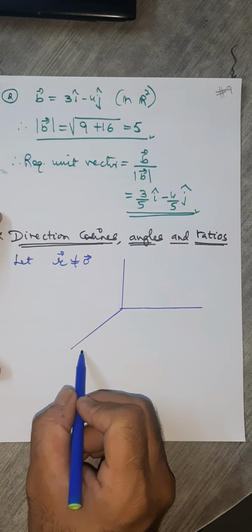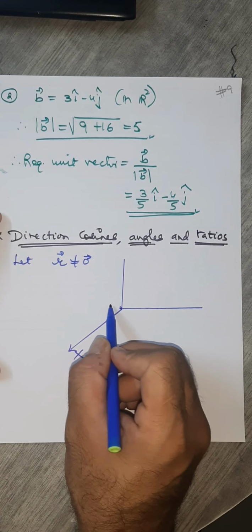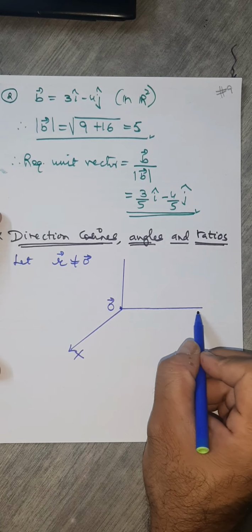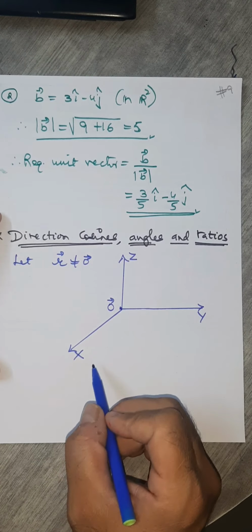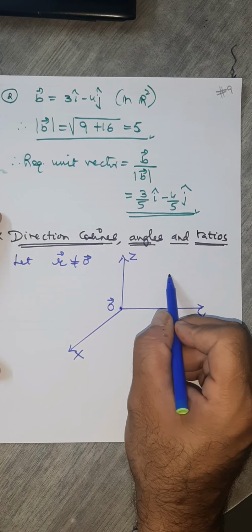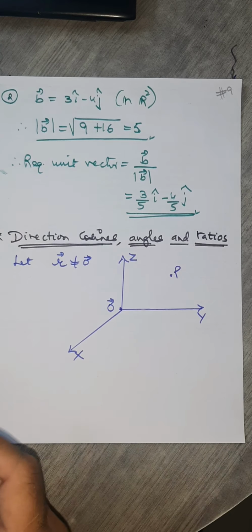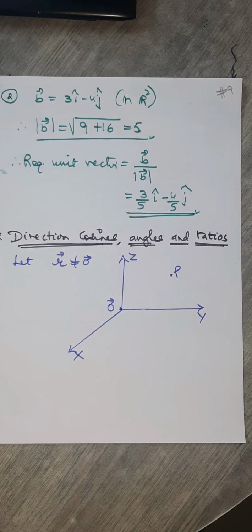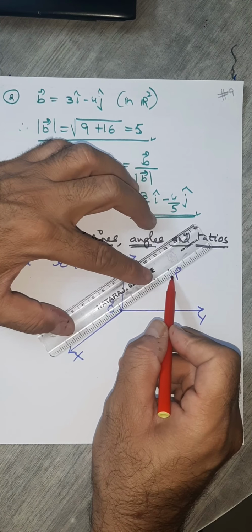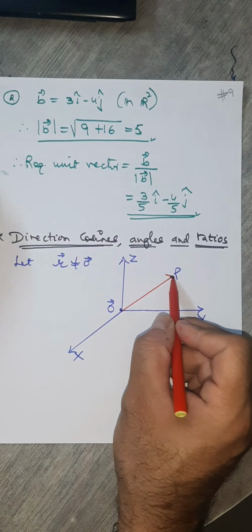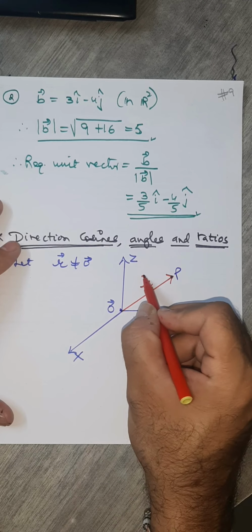Let me call this the x-axis, this is the y-axis, and this is the z-axis. We have chosen one point P here. We are joining it with the origin, so this becomes vector r, remember. So OP is nothing but vector r.